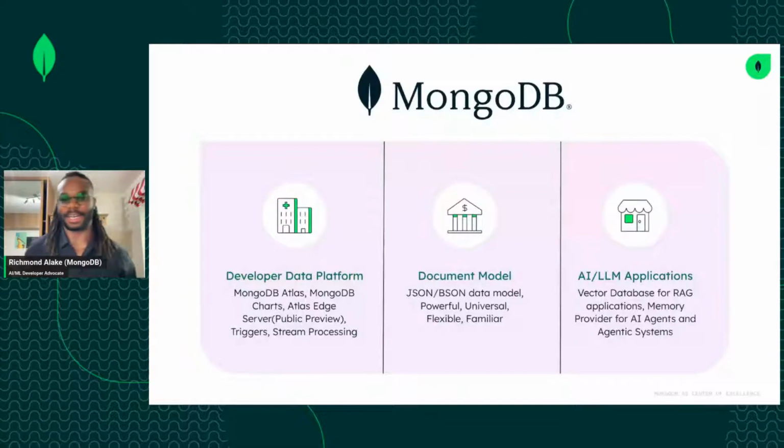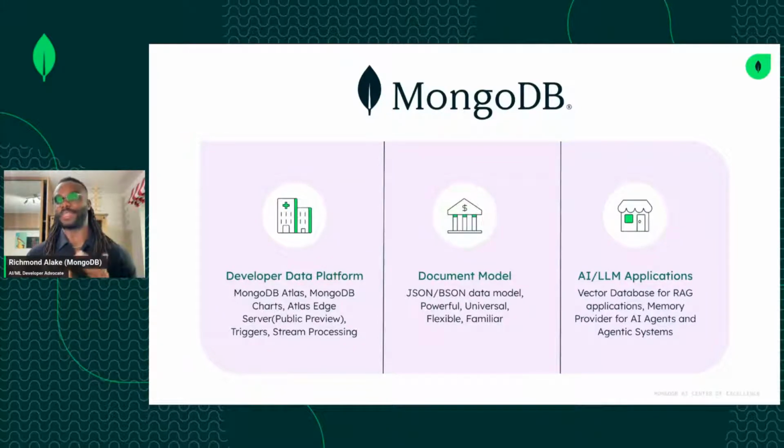I always start my presentation with explaining what MongoDB is and where it fits within the nature of your application stack. So MongoDB is a developer data platform, and within this platform, we enable developers like yourself to access the MongoDB database feature through MongoDB Atlas.